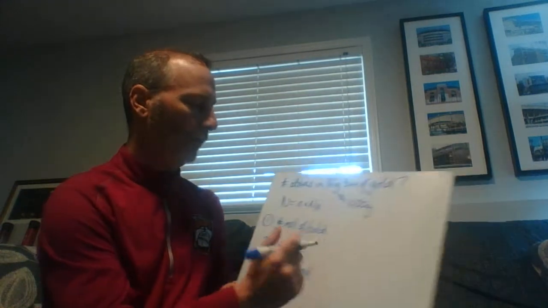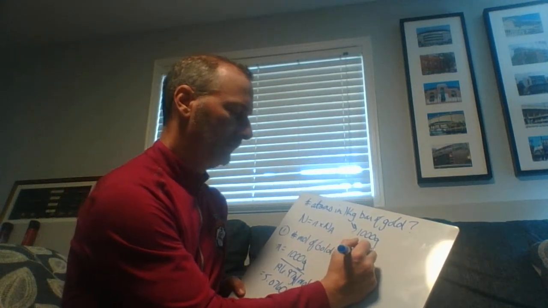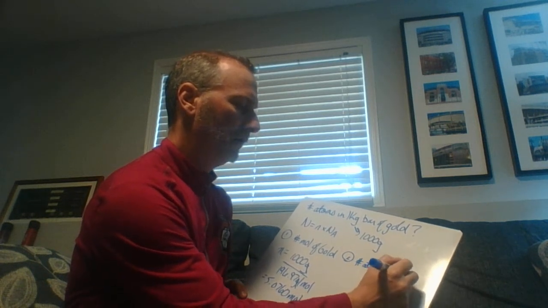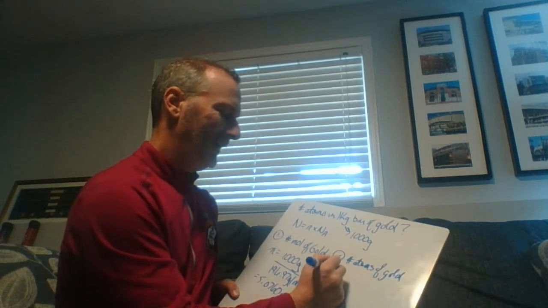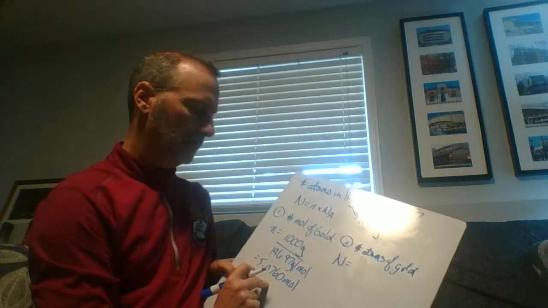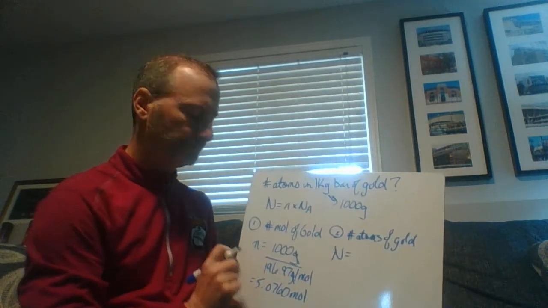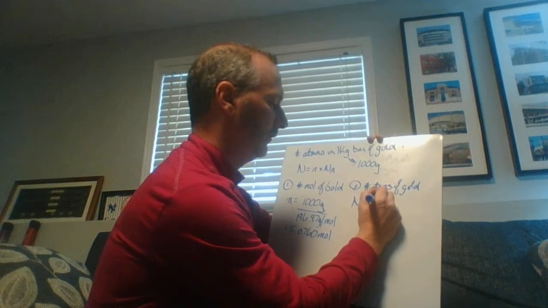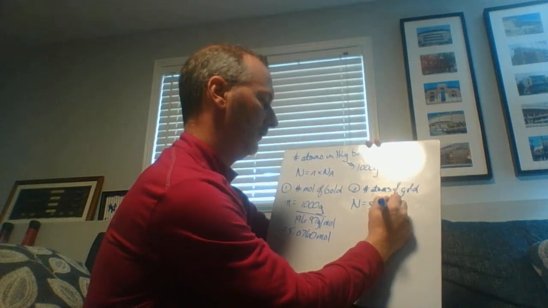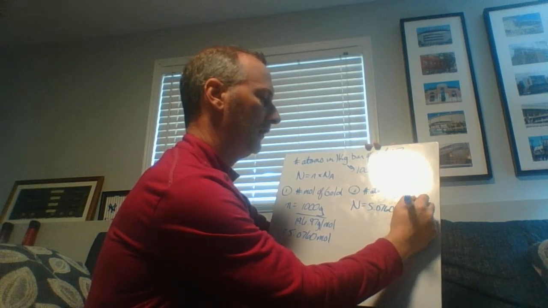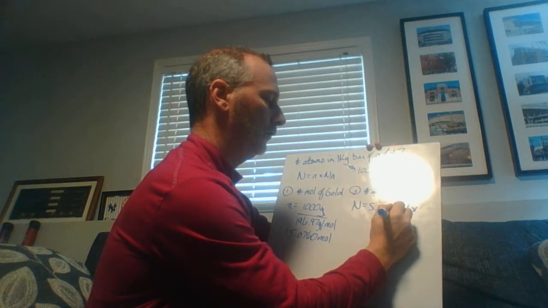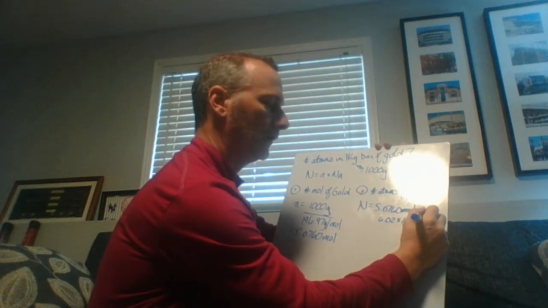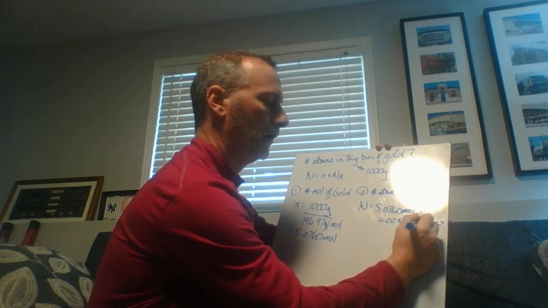Now that I have the number of moles, step 2 is the number of atoms of gold. So N, number of entities, is number of moles, which is, inserting that number, 5.0760 moles times my 6.02 times 10 to the 23rd, and in this case it's atoms per mole.